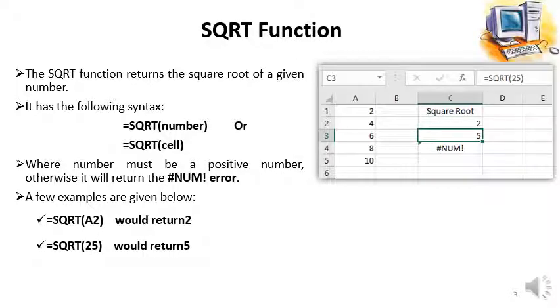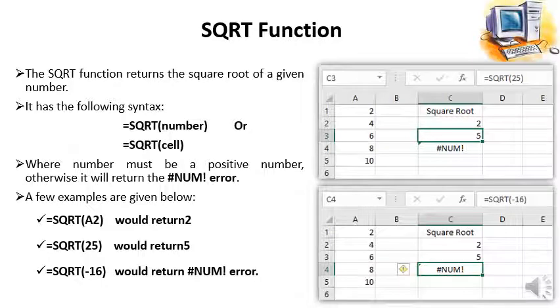SQRT 25 would return the value 5. Here we can see the selected cell contains the value 5, and the formula which is applied on that cell can be seen in the formula bar, which is equal to SQRT, and inside the parenthesis 25 is written.